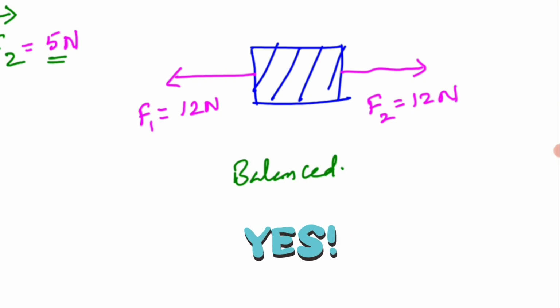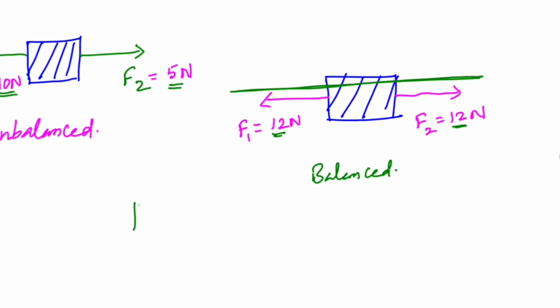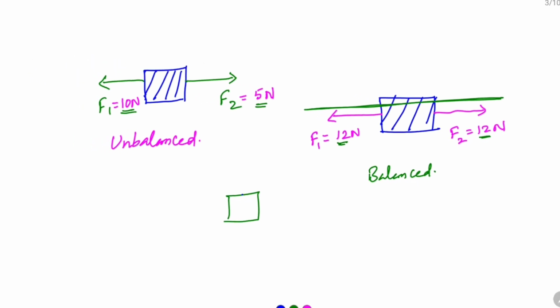Hope you understood. If two equal forces act on an object in opposite directions and they act along the same line, remember that they act along the same line, along the horizontal line or along the vertical line, then the forces are said to be balanced.